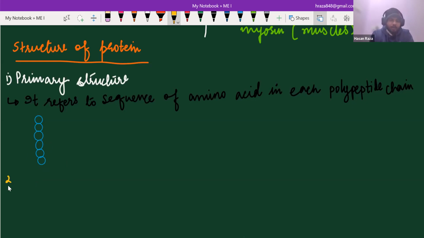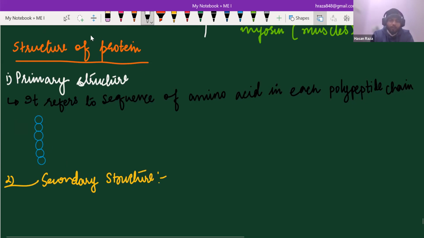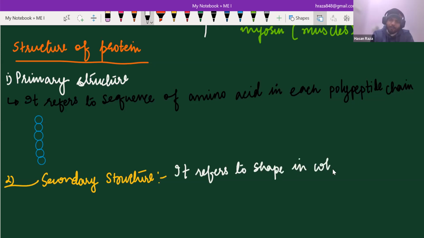Now the second is basically your secondary structure, which is also very easy. Secondary structure, and it is very important. Let me define it for you. It refers to the shape in which the polypeptide chain exists, and it is of two types.